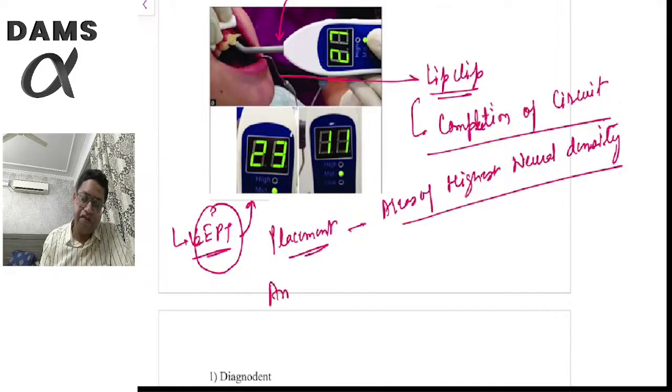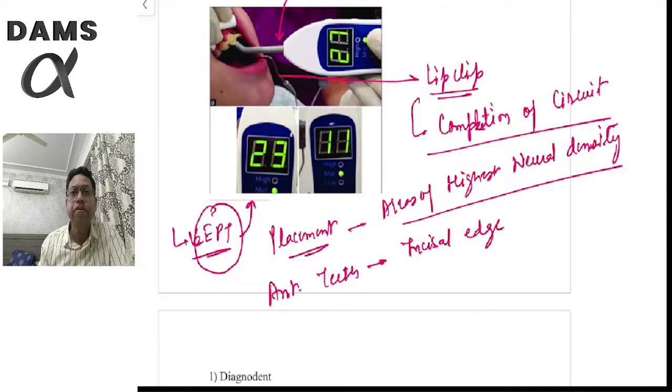And for highest neural density, for anterior teeth, what is the preferred site for the placement of the electric pulp tester? It would be the incisal edge. And for posterior teeth, where will we find highest neural density? It is at the cusp tips.